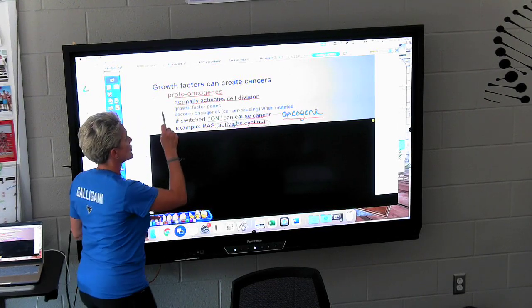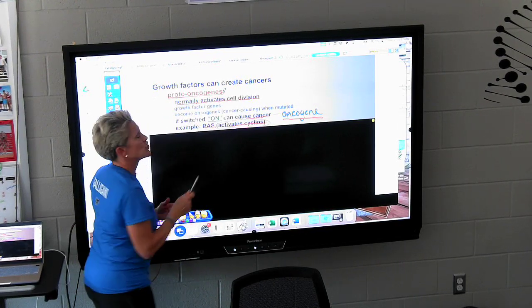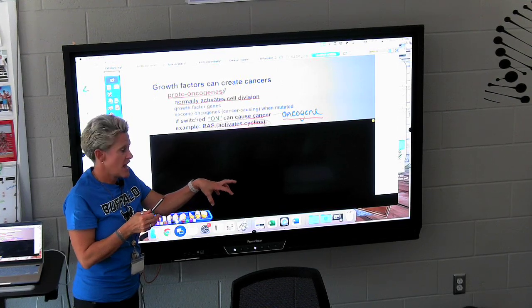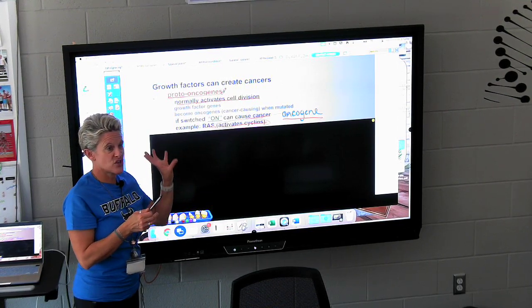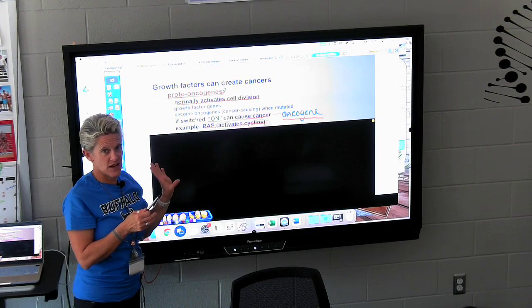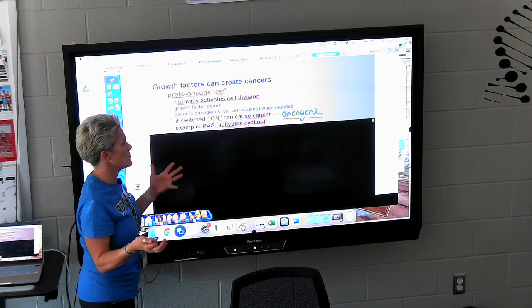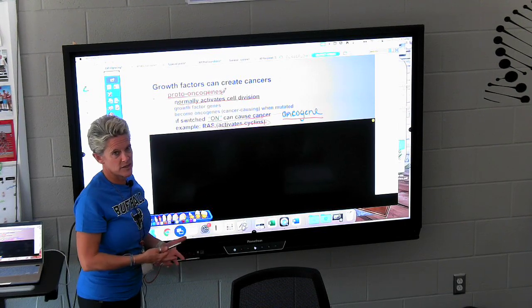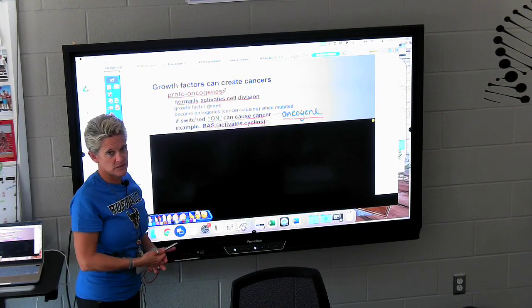Okay, so proto-oncogenes should be only signaling at some times for the cell to divide, and when they're mutated, it turns them on permanently, and cells will continuously divide. All right, and it becomes an oncogene, causing cancer, causing continuous replication of cells.